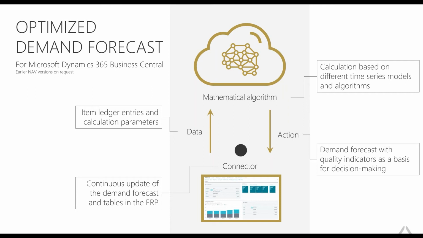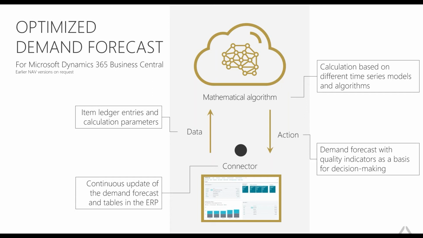For instance, this demand forecast is transferred to the demand forecast table in the ERP, and then you can work with this table as you typically would do. You can modify parameters, for instance, or run your planning routines, and so on.